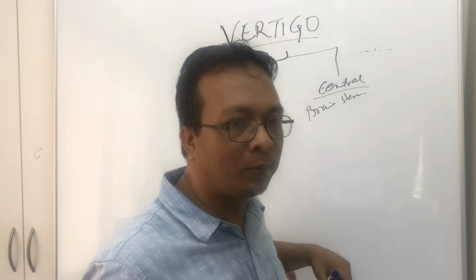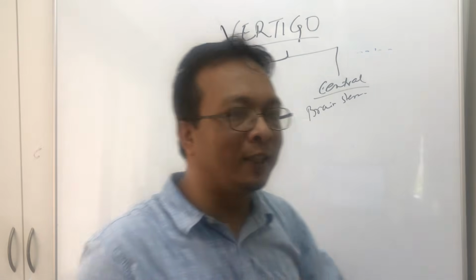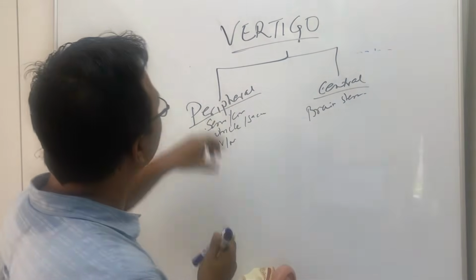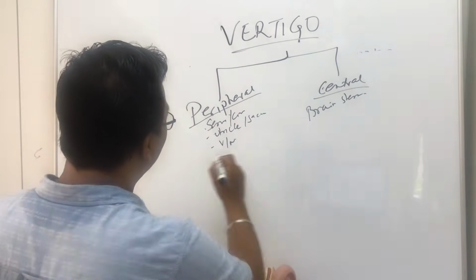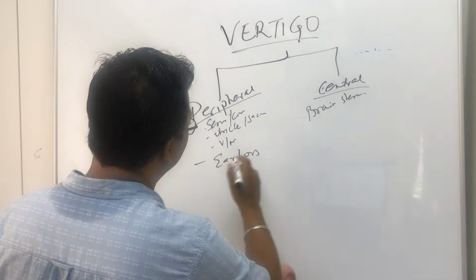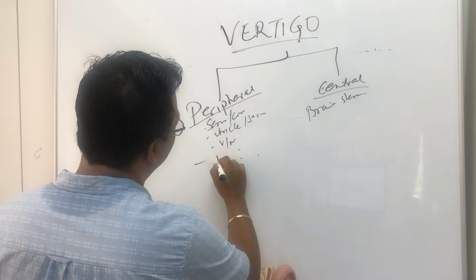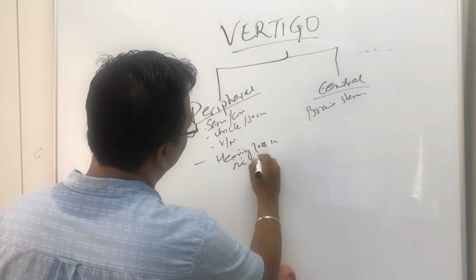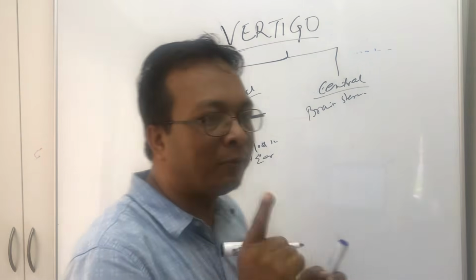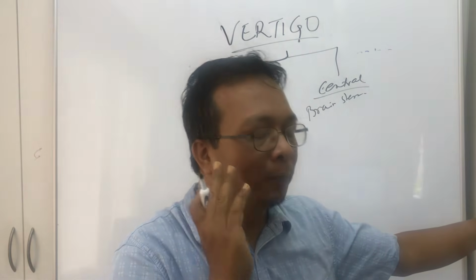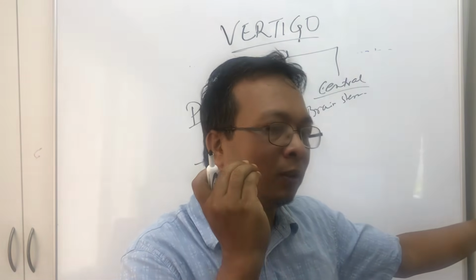Now how will you differentiate? When someone says my head is spinning, how will you differentiate? First, if it is a peripheral vertigo, there will be hearing loss in one ear. There will be one affected ear, so the patient will complain of pain or hearing loss in that ear.